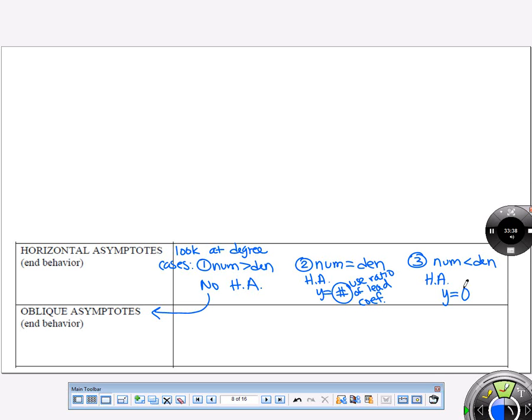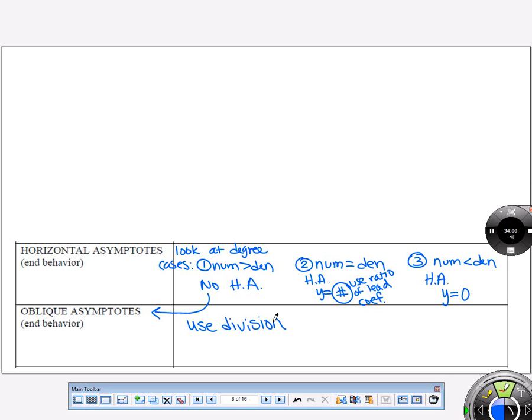To find oblique asymptotes, for right now we're just going to make a note. We're going to use a skill we picked up in first semester: we're going to divide out the crazy-looking polynomial. We're going to do long division and see what happens.